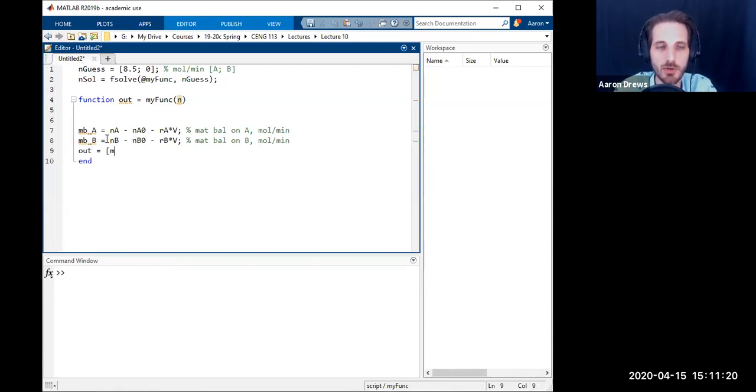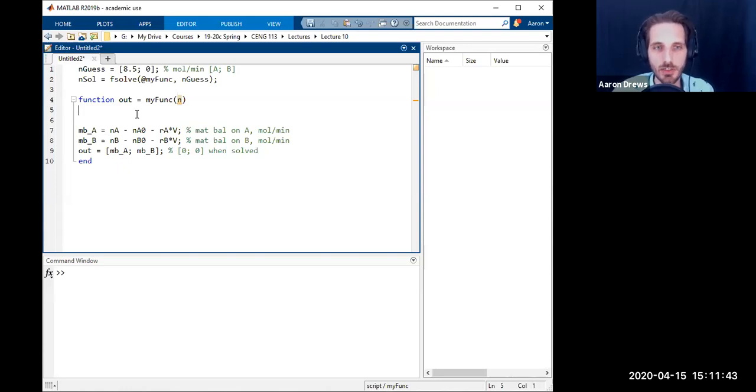So the output here would look like this. So this should be equal to 0, 0 when solved, right? I haven't solved it yet. That's what fsolve is trying to do. I just know that those numbers will end up being 0 once the thing is solved.